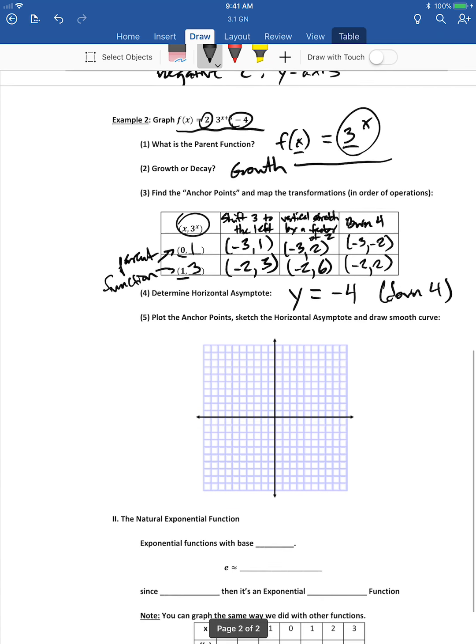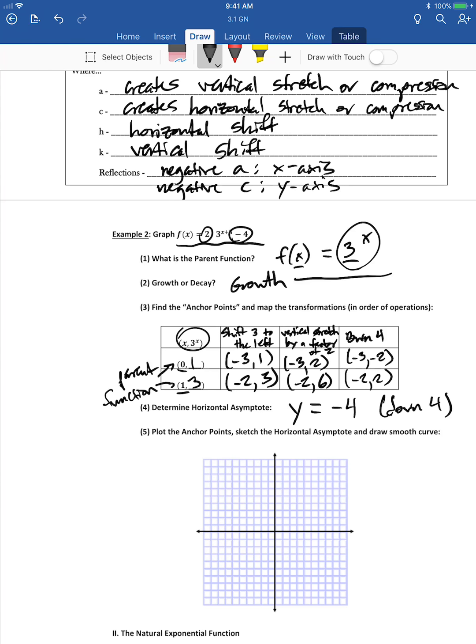And then, last step, I plot my anchor points and I sketch my horizontal asymptote and I fill in the curve. So let's do my horizontal asymptote first. Easy enough. Then I plot my 2 anchor points, negative 3, negative 2, negative 2, 2.